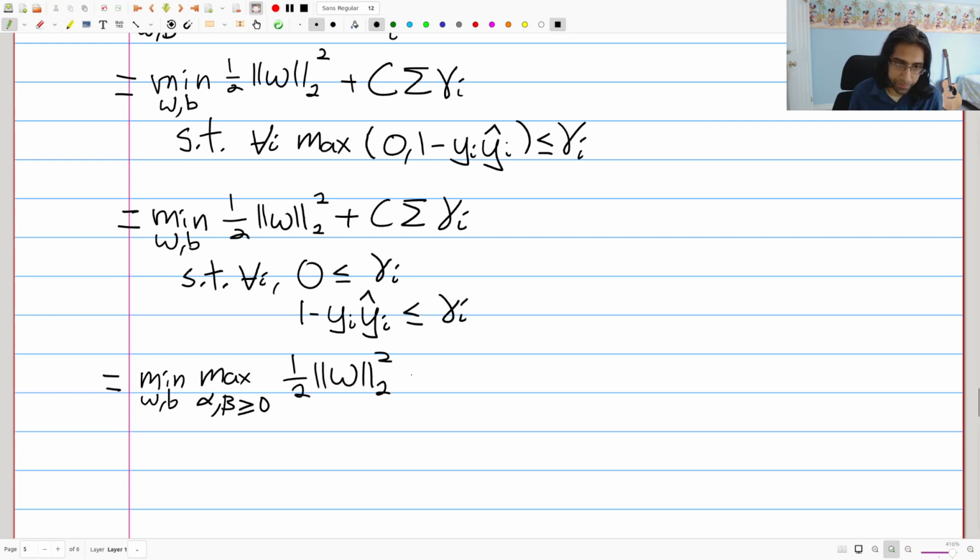And we're going to have the following: 1/2 norm of W, 2 squared, plus summation over I of C gamma I, plus alpha I times 1 minus yi.